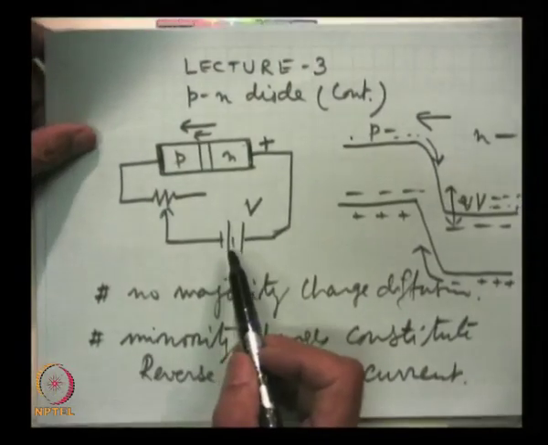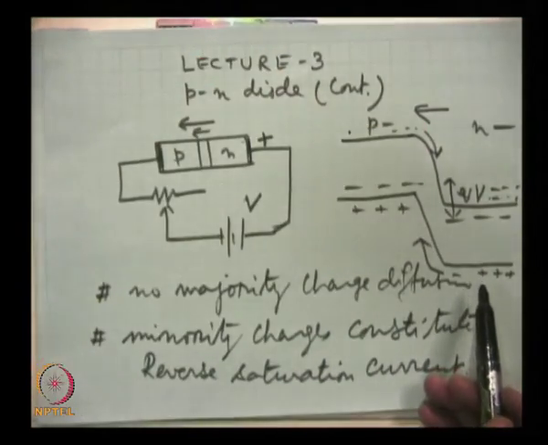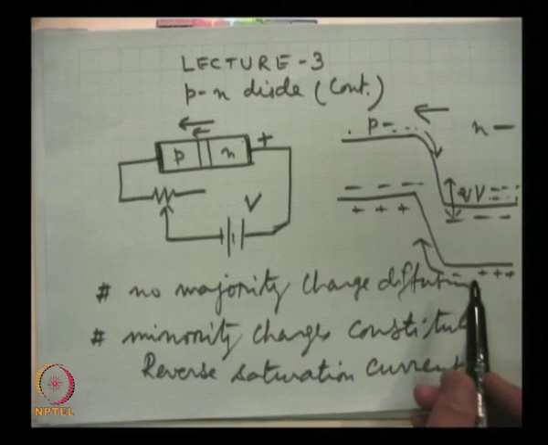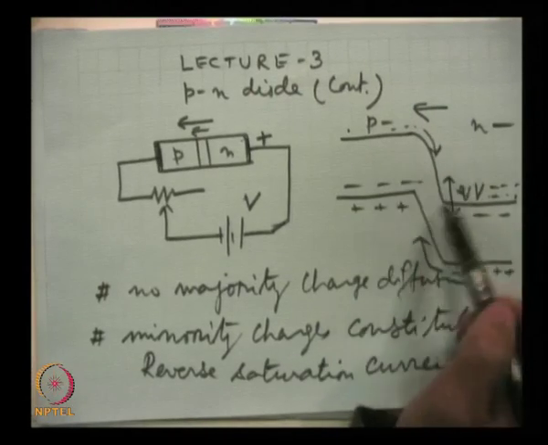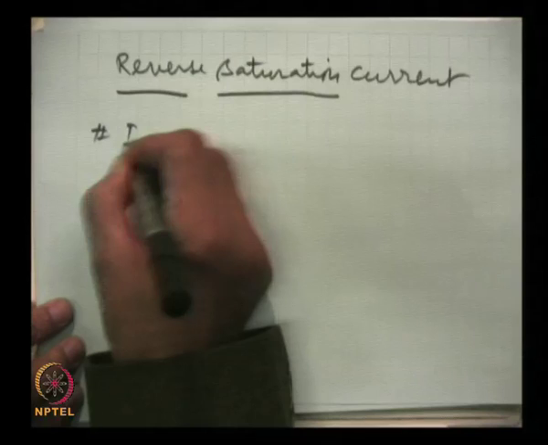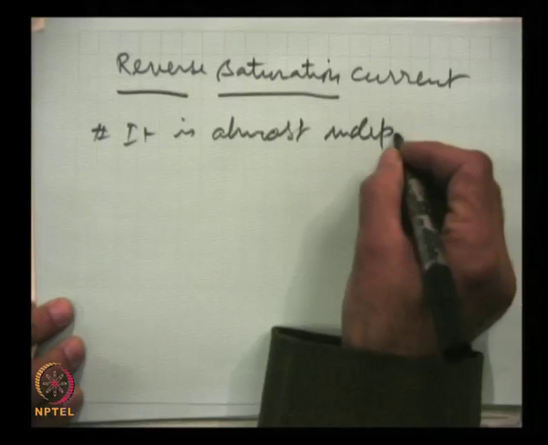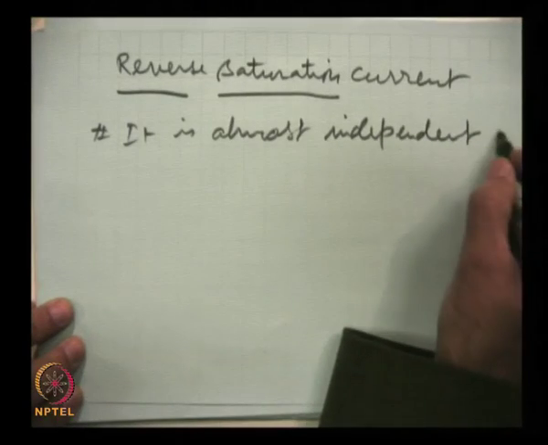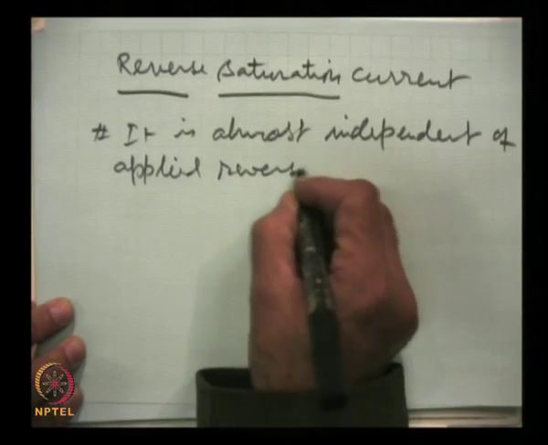So, if we increase this reverse voltage further, we are simply changing this barrier height more, but that will not change the density of minority charge carriers, or the number of charge carriers closer to the junction, and hence the reverse saturation current is almost independent of applied reverse voltage.